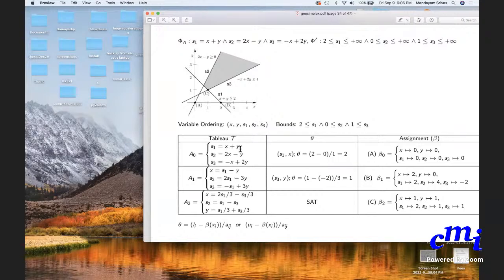So once again, we have a choice of x and y, but x appears before y, and therefore the non-basic variable to adjust its value is chosen to be x. Then you determine, so you have to increase S1 to 2 since it's 0, to make S1 satisfy its lower bound.